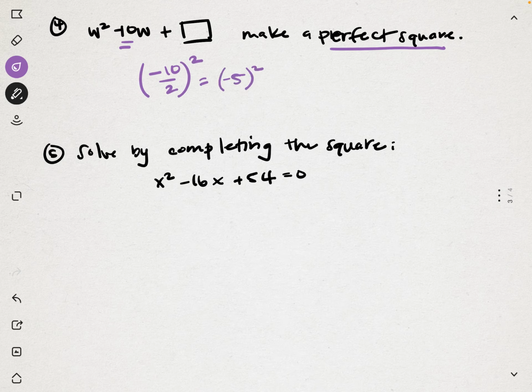Negative 5 squared is 25. So the whole idea about making it a perfect square is that if we were to factor this, it would factor to w minus 5 times w minus 5, which is w minus 5 squared. And we're going to see how we apply that in the next problem when it's asking us to complete the square.